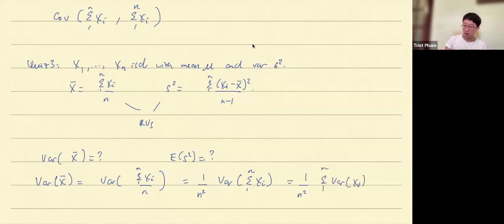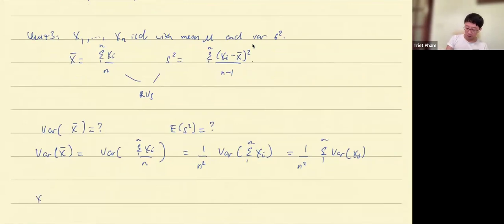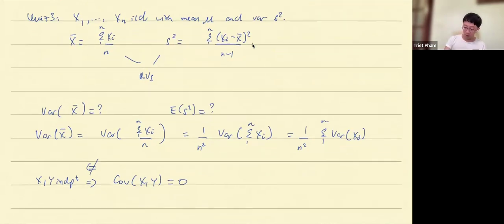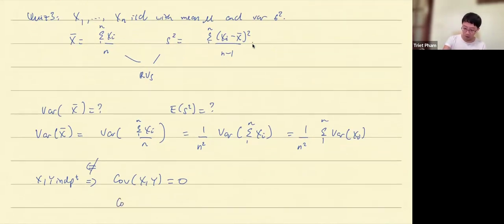Why so? Because if you have x and y independent, that implies the covariance of them will be 0. But of course, the reverse direction is not true; there are counterexamples. The reason why covariance of independent variables is 0 is because it's the expectation of the product minus the product of expectations, and we know that if two random variables are independent, then expectation of product is product of expectations.